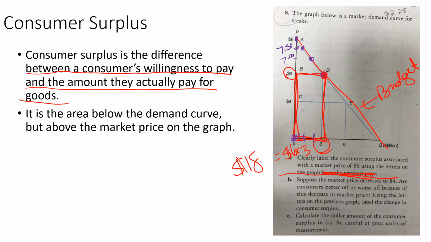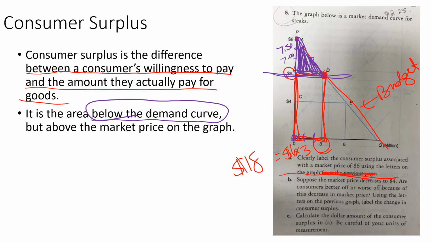We would have bought a half of one for $7.75, etc. The point is, the consumer surplus is this area of this triangle that falls below the demand curve and above the market price.